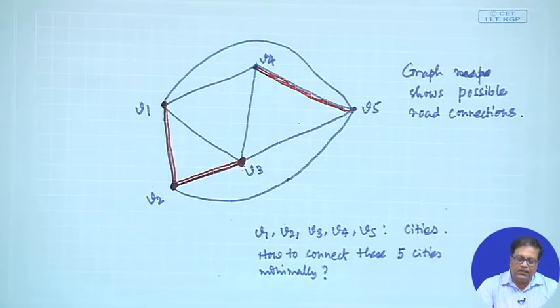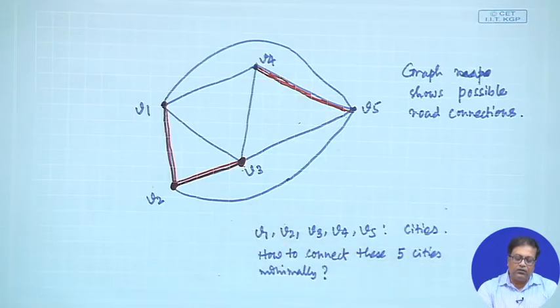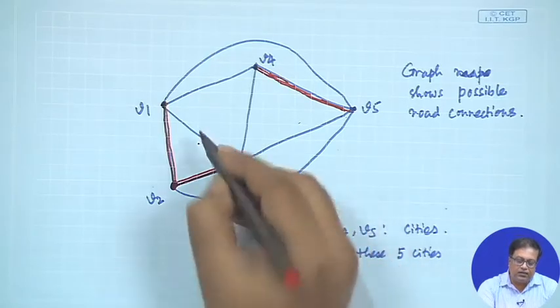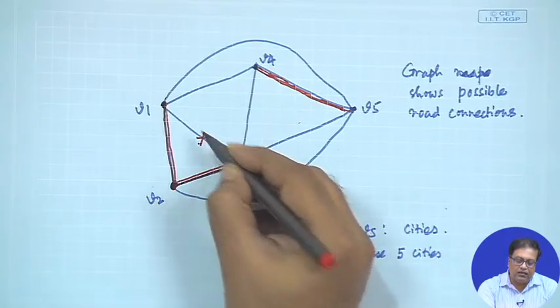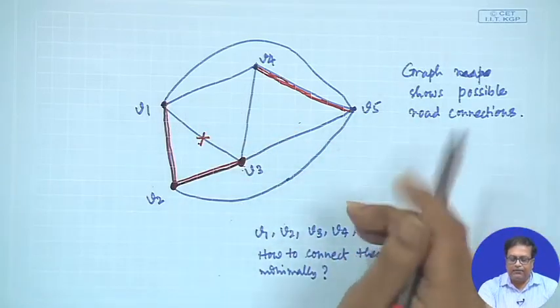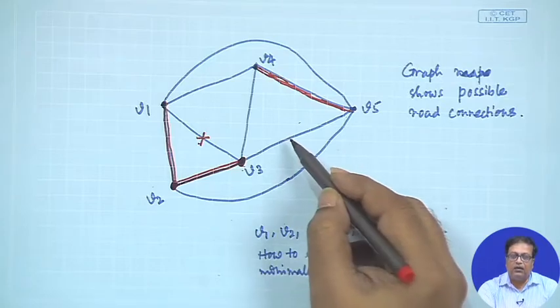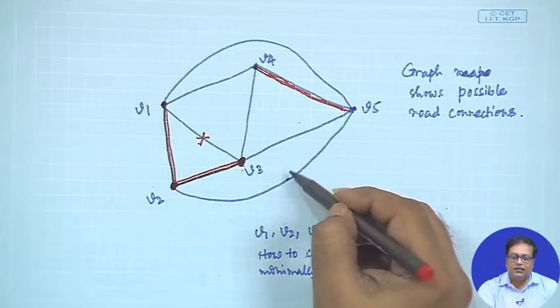Now, obviously look here, which roads can you take and which can you not take? Let us look at it: can I take this road? The answer is no, it cannot be taken, because then it forms a circuit and then they are not connected. Can I choose any of the remaining 5 edges? The answer is yes.